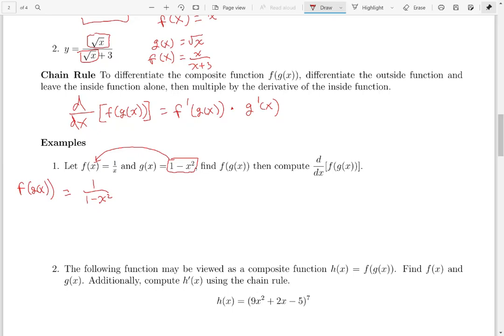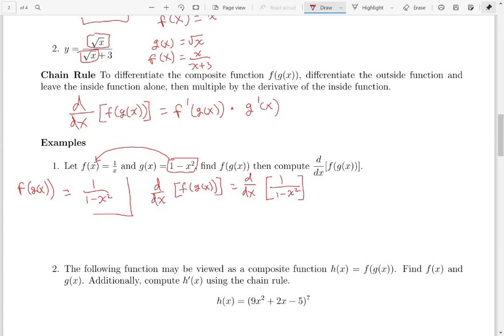Okay, that's fine. Now we want to find the derivative of that composition. So, let's take the derivative of f of g of x. Now, you could write this one of two ways. You could write it like this, knowing the two separate pieces, or you could have written it as the derivative of 1 divided by 1 minus x squared.